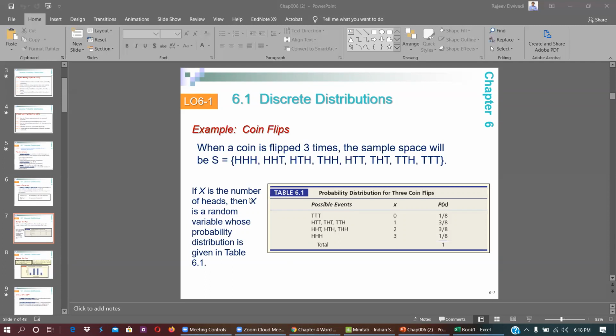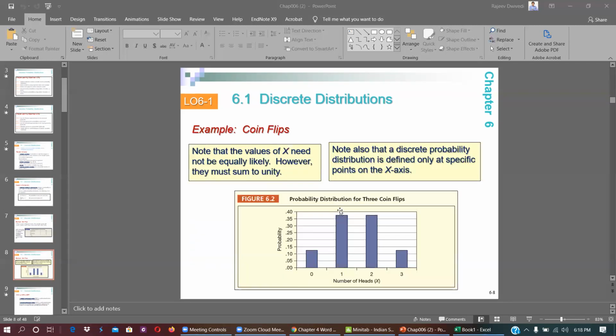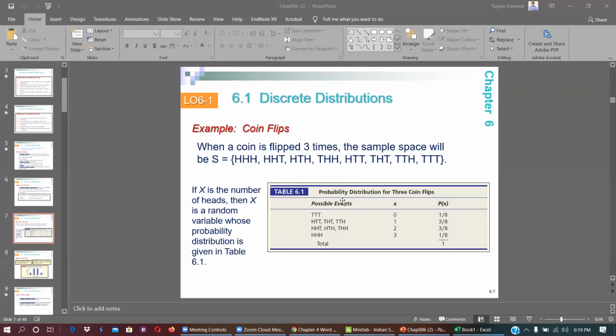If X is the number of heads, then the possible elements are shown. When a coin is flipped 3 times, the sample space is this much.